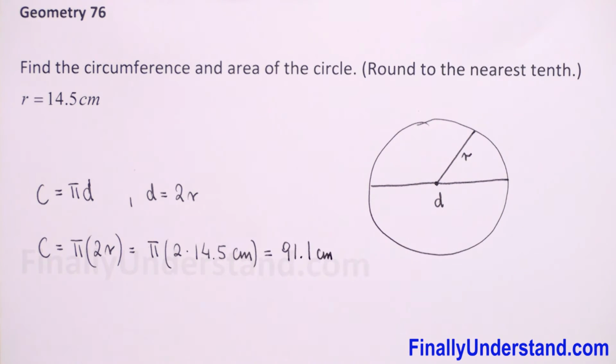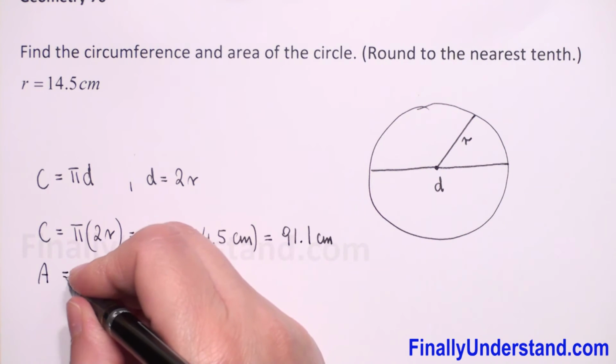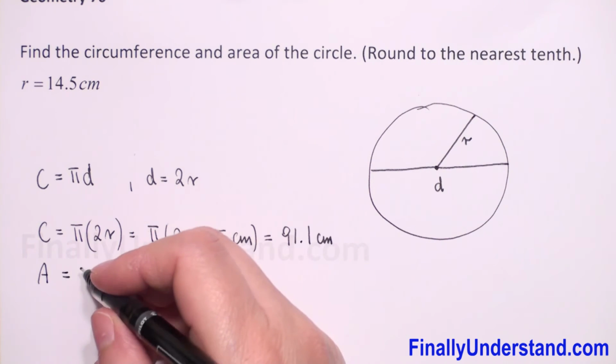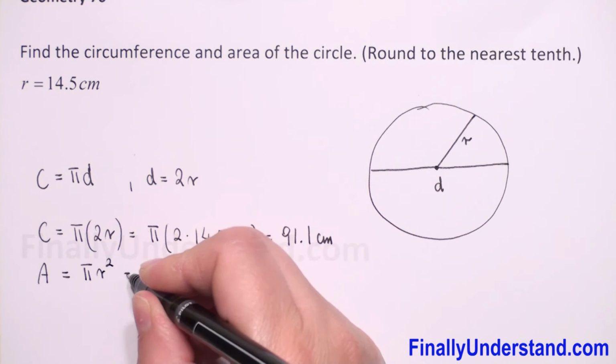Centimeter. Now we have to find the area of our circle, and we know formula for area is pi r squared.